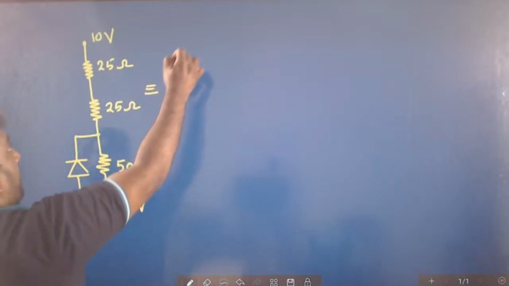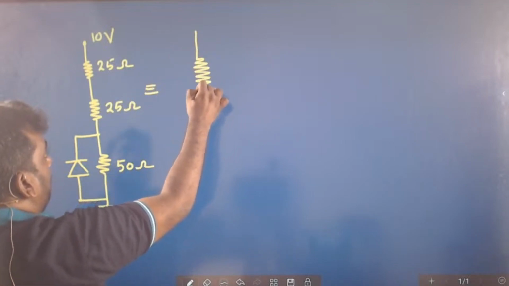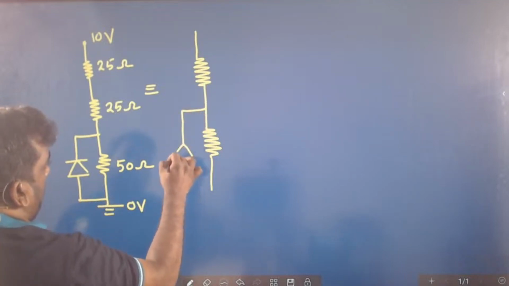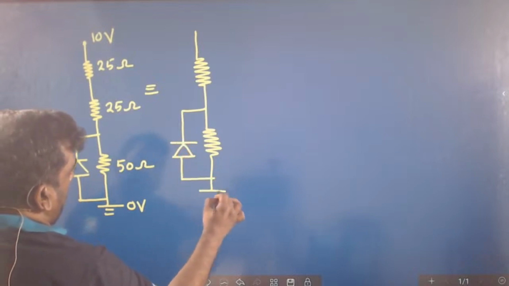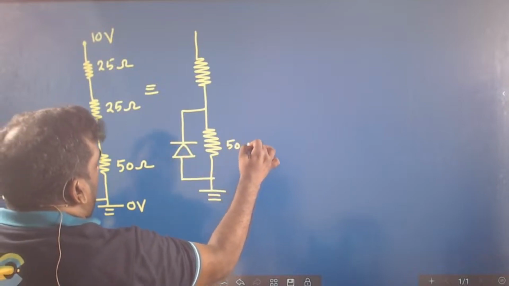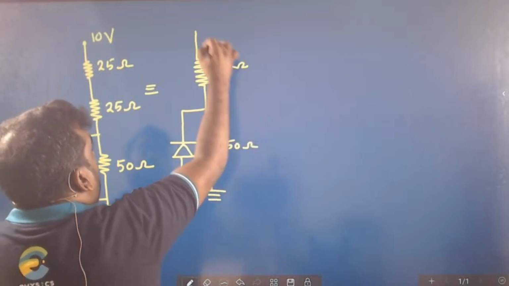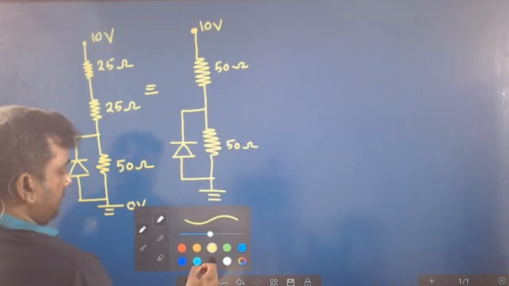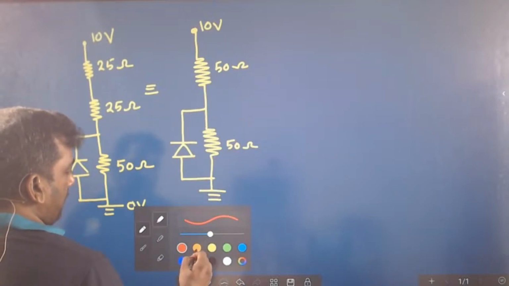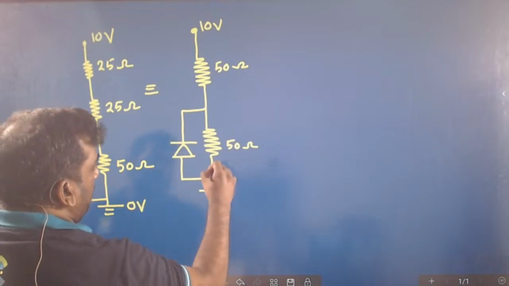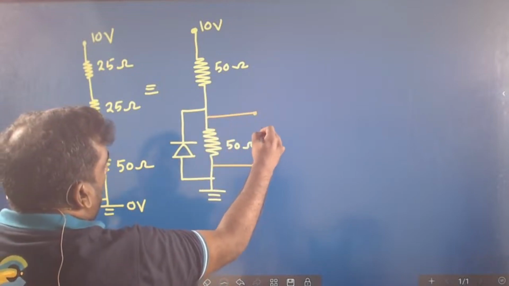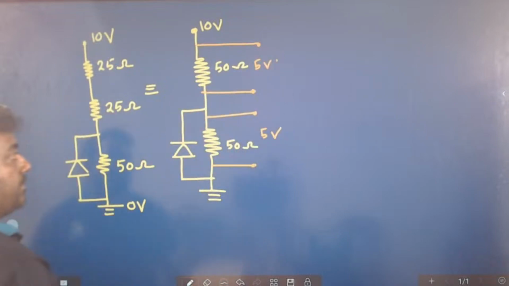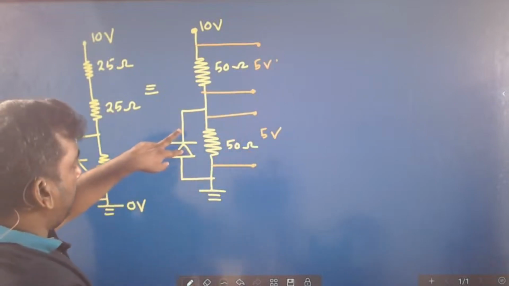This you can simplify. 50 ohm, 10 volt, equal resistance. Voltage will be 5 volt. 5 volt here means 5 volt there.